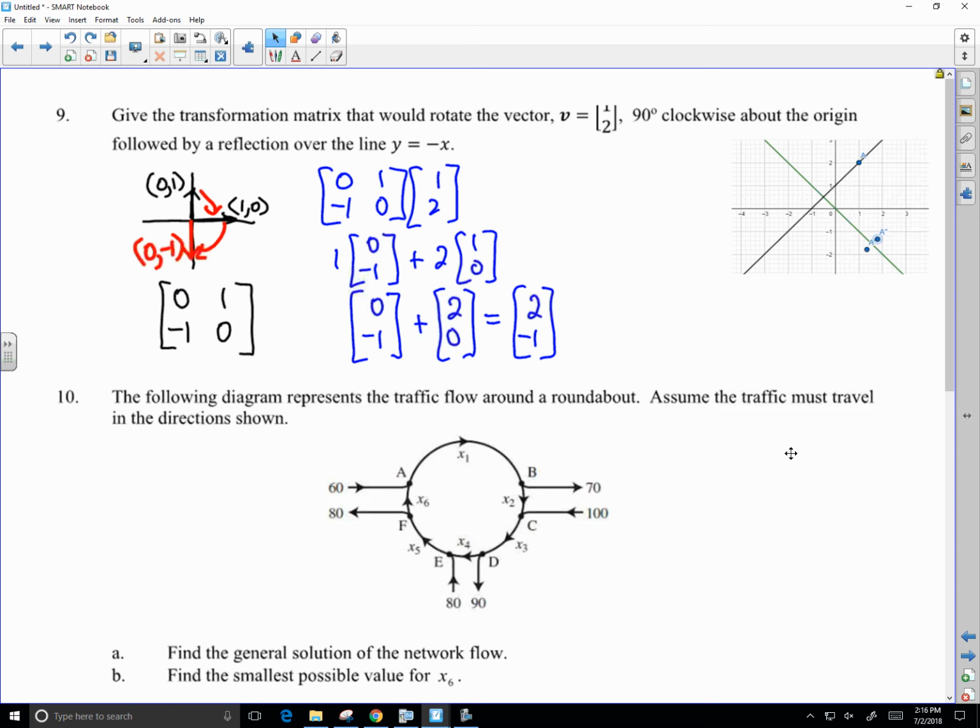Okay, so anyway, that took way longer than it should have. The reflection part, 1, 0, 0, 1 is going to 0, -1, -1, 0, because we're switching and negating.